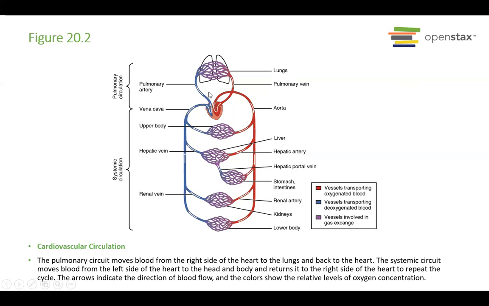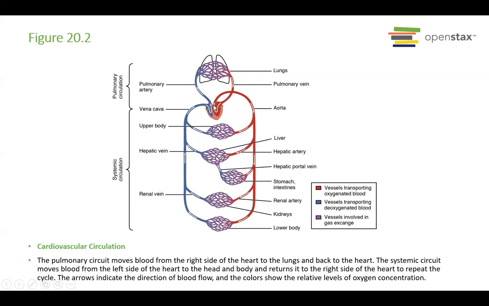Blue means deoxygenated. If the blood vessels have anything to do with the lungs, what do we call that circulation? Pulmonary circulation. And if the blood vessels have anything to do with the tissue down here, what do we call that? Systemic circulation.